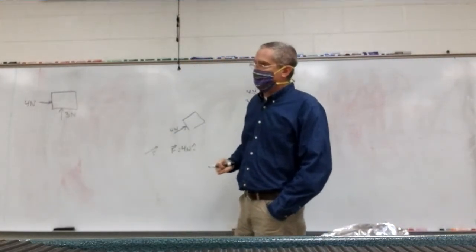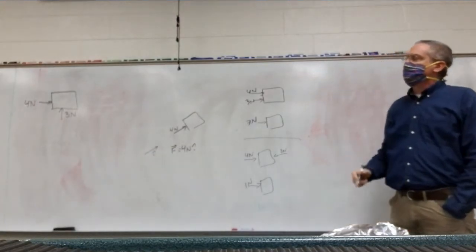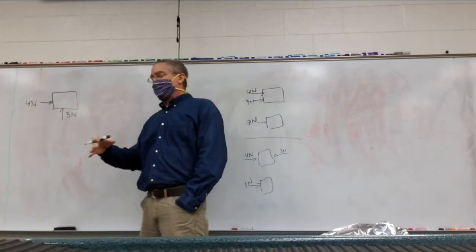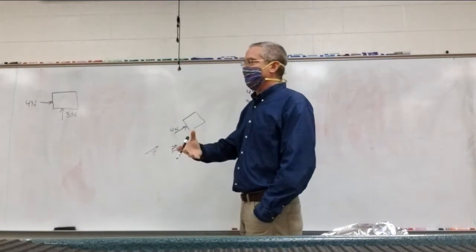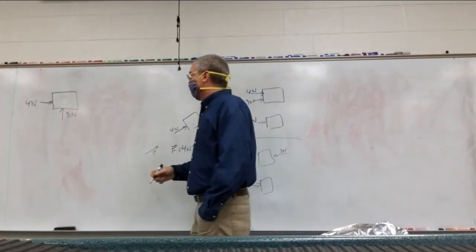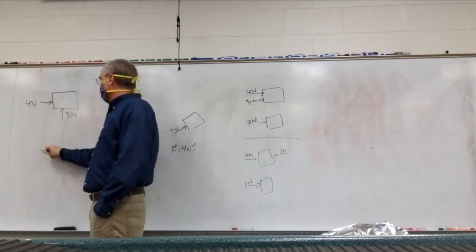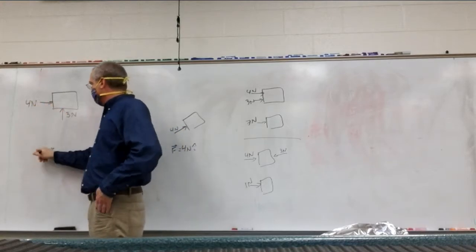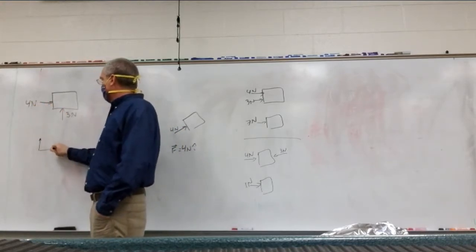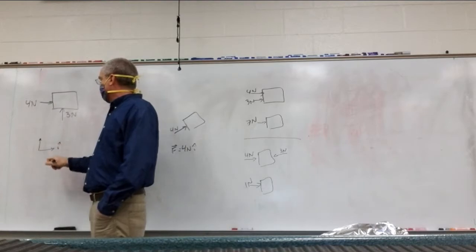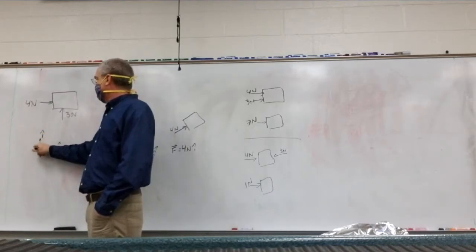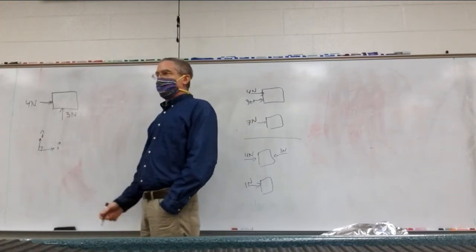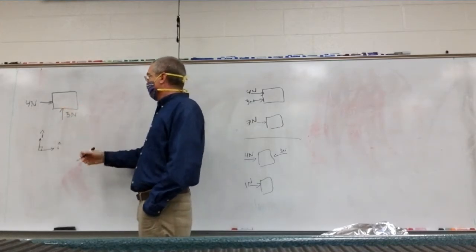But here we have an actual two-dimensional problem. And so how do you deal with it? We cannot get away with just a plus sign or just a minus sign as talked about last time. What we have to do is define our coordinate system. And since this is to the right and up, why don't I just make those my coordinates? I'm going to say to the right is I-hat, and up is J-hat. The total force is just a sum of the forces.